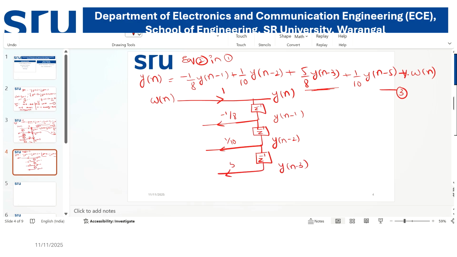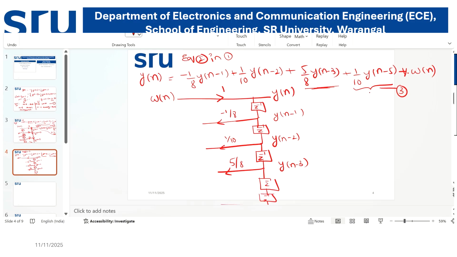And the coefficient for this is 5 by 8. Now, to generate the last term, this y of n minus 5, this y of n minus 3 is again delayed by 2 samples. Therefore, it will generate y of n minus 5. Then the coefficient for this y of n minus 5 is 1 by 10.